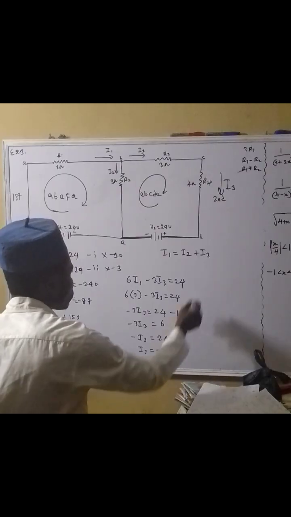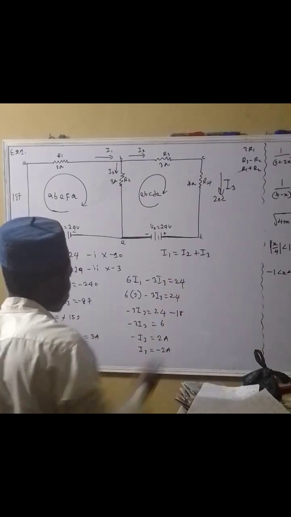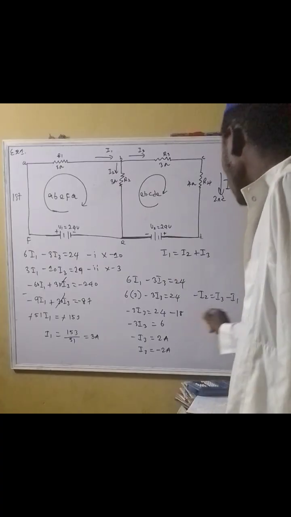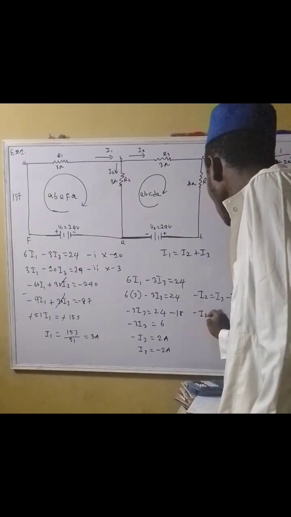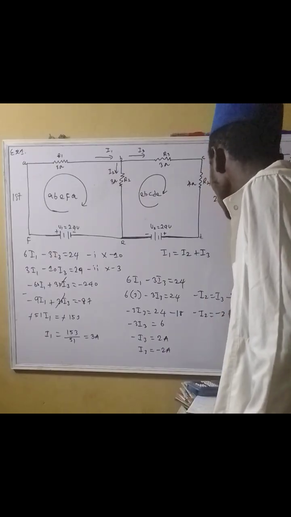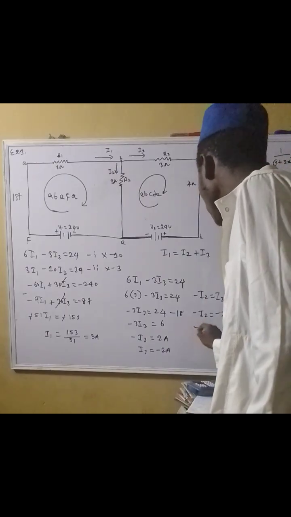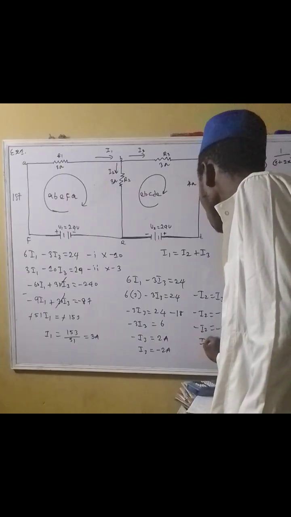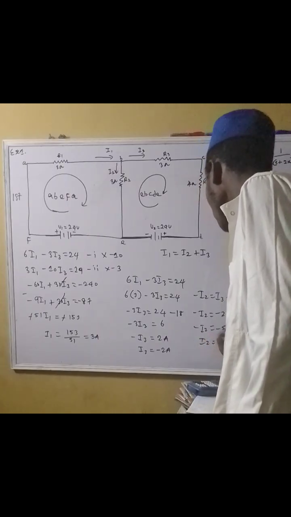From this point now, using this law, you can get our current 2 directly. You have negative I2 equal to I3 minus I1. So negative I2 would be equal to, just like what we did the other time, I3 is negative 2, then negative 3. So you have negative I2 being equal to negative 5 ampere, which means I2 will be equal to 5 ampere.